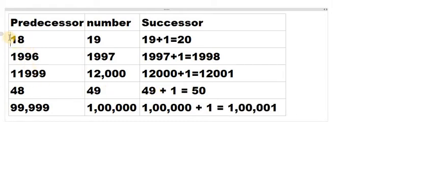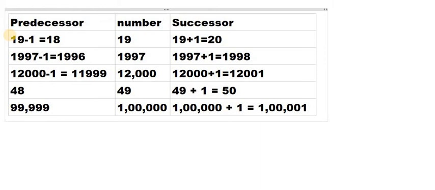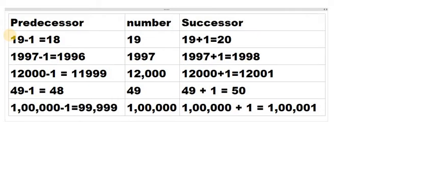Here also we can write like this: 19 minus 1 is equal to, 1997 minus 1 is equal to, 12,000 minus 1 is equal to, 49 minus 1 is equal to, 1 lakh minus 1 is equal to. So in this way we can complete these predecessors and successors.